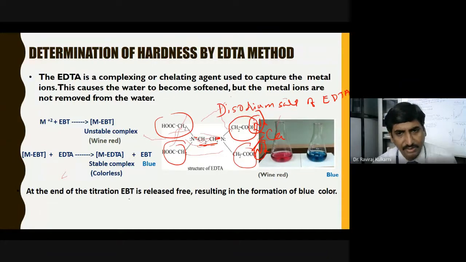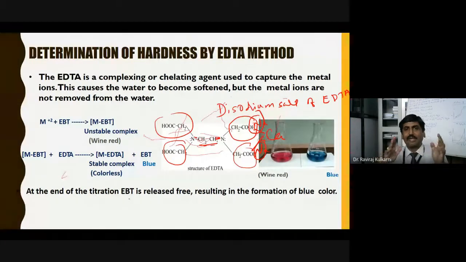This may be asked in the examination as a viva question: why do we use the disodium salt of EDTA instead of EDTA itself? EDTA is sparingly soluble in water, the disodium salt of EDTA is soluble in water, and it can be easily replaced with calcium ions. We want to determine how many calcium ions and magnesium ions are there in water. That is our experiment. Determination of hardness means determining calcium and magnesium ions.